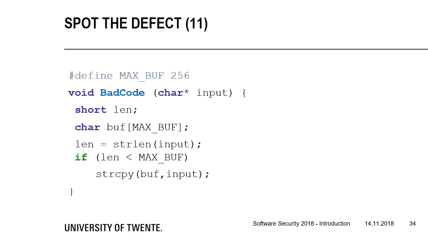Yeah, that's correct. So short will probably overflow at 127. So when len overflows, like string len will return 128, then this check will always succeed, and then that will be executed.